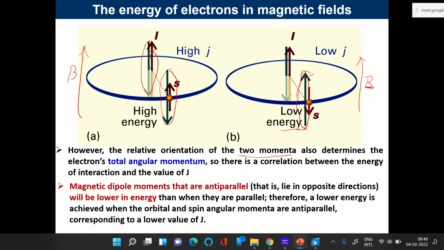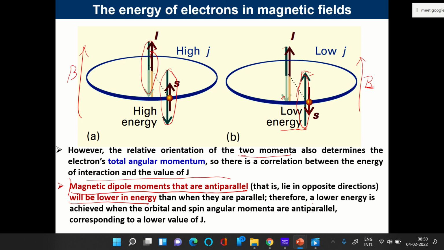When the magnetic dipole moments are anti-parallel, here this is 1, this is 2, they are anti-parallel to each other, this gives you lower energy, with a lower value of j.